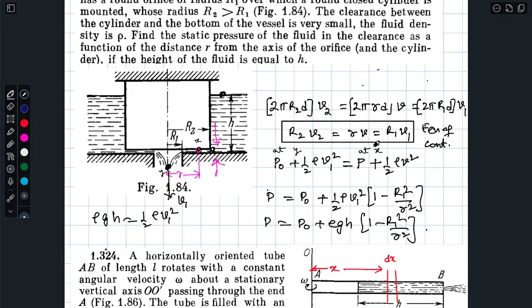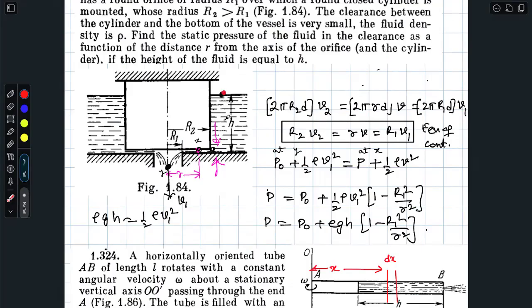Please confirm, have you understood that or not? So that allows me to write P is equal to P0 plus half rho V1 square minus half rho V square. But we have a relation between this term and this term. Yes or no? Just substitute it. And you may ask me, how to deal with this?